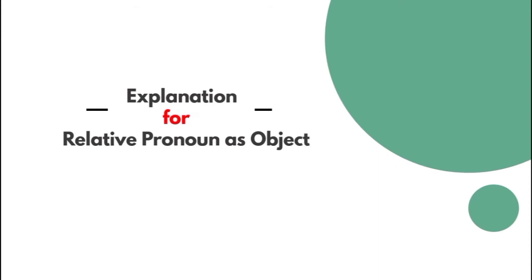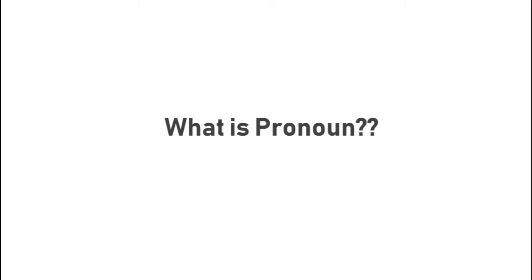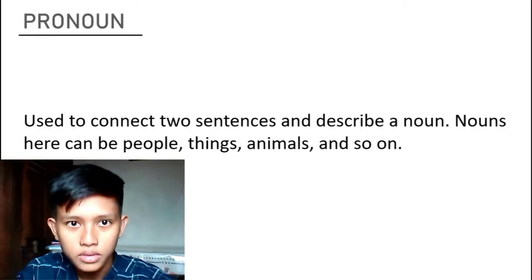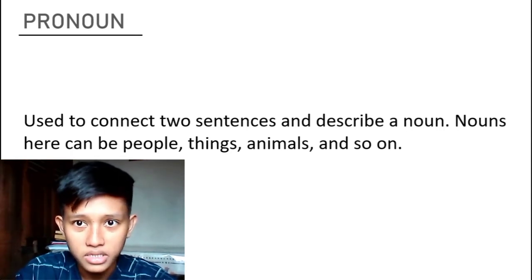My name is Hidayatullah and now I'm going to share with you about relative pronouns as object. A relative pronoun is used to connect two sentences and describe a noun.